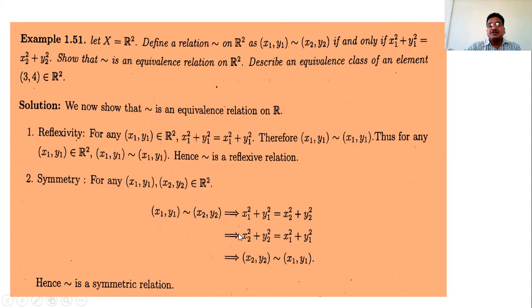Interchange the sides: x2 square plus y2 square is equal to x1 square plus y1 square. This implies (x2, y2) is related to (x1, y1). Therefore the relation is symmetric.